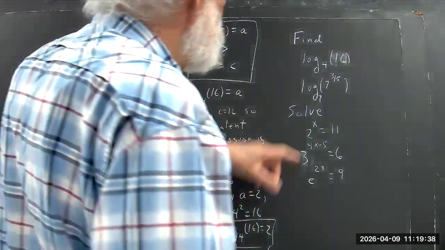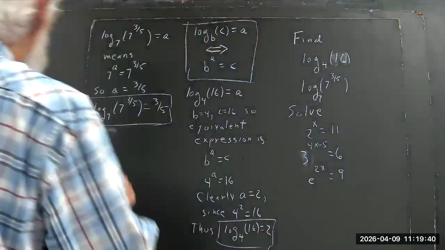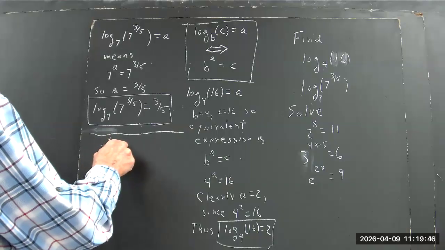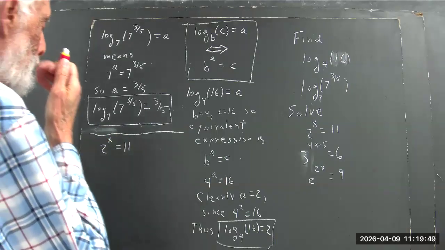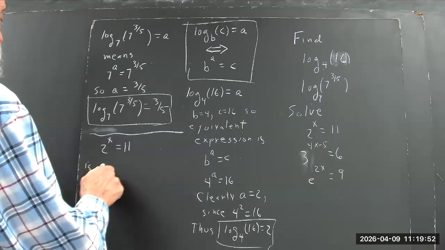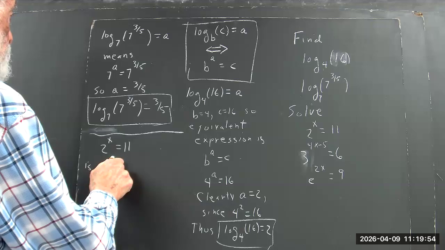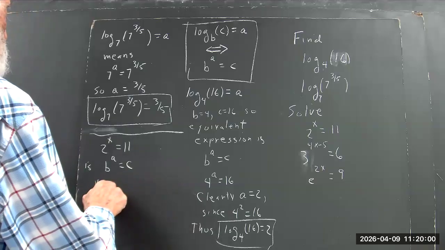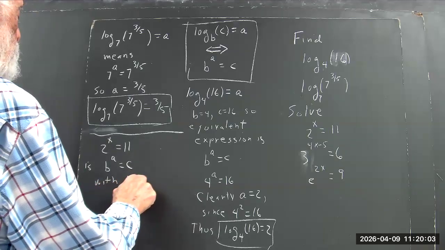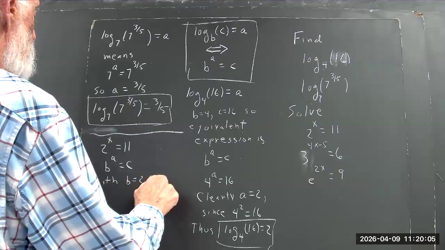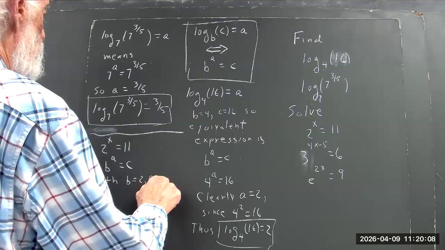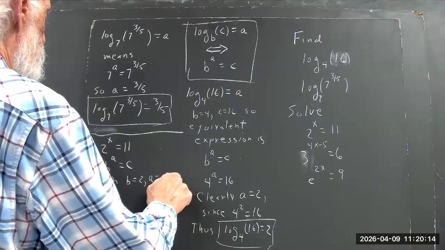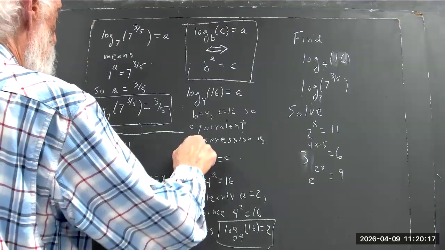Now I'm going to solve 2 to the x equals 11. Okay, so we have the equation 2 to the x equals 11, which is b to the a equals c, if b equals 2, a equals x, c equals 11.